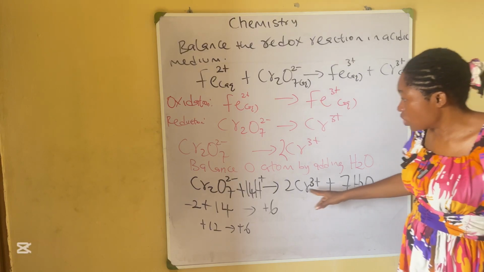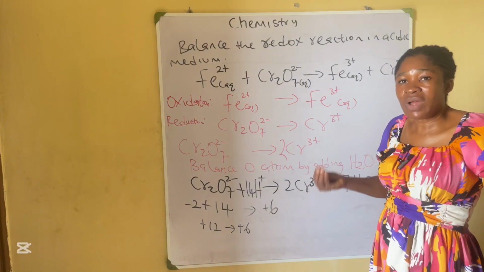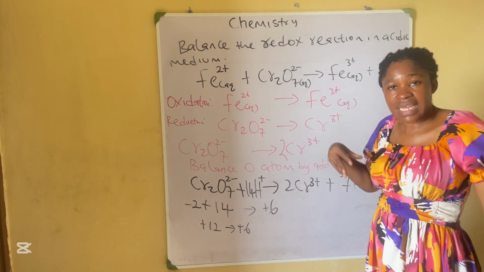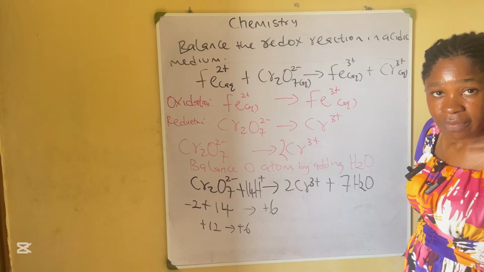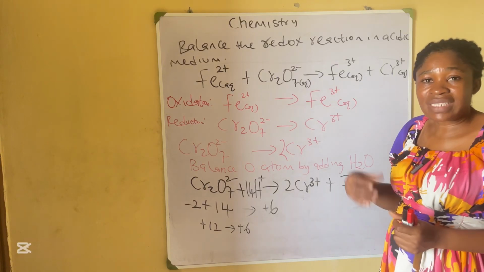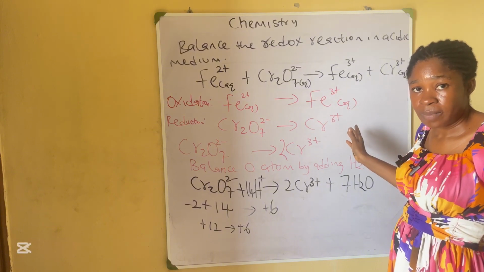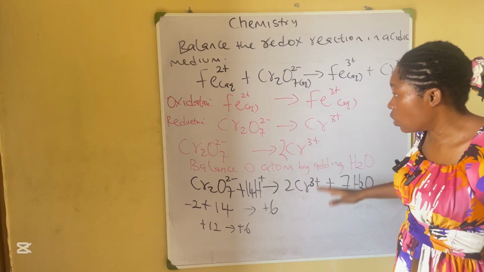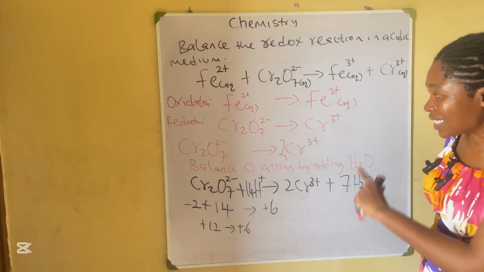Remember, this is reduction. We are working on reduction. If you want to add the electron to reduction, you add it on the reactant side. For oxidation, always add the electron to the product side. And add the electron to the reactant side for reduction.